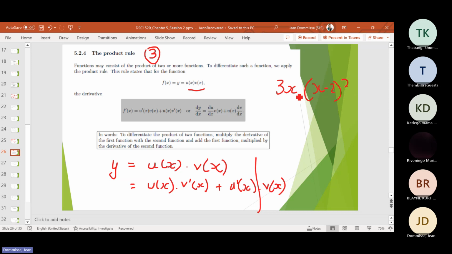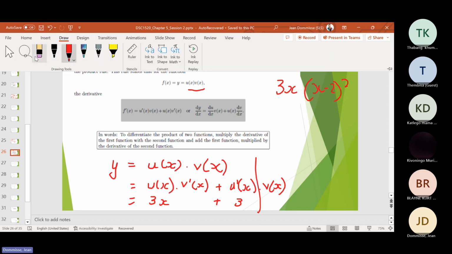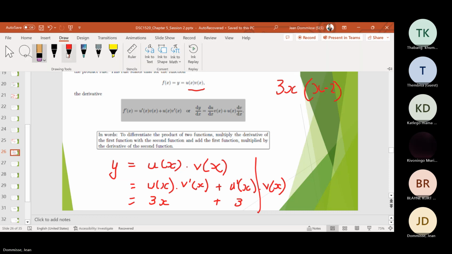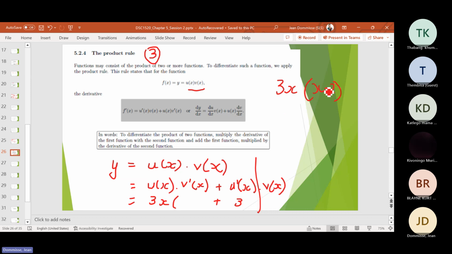So if you have two functions, let's make something up, let's say that's your two functions. In this one, we will keep it as 3x. In this one, we would have differentiated 3x, so that would have become 3. The second function, let's make that simpler: x minus 2.